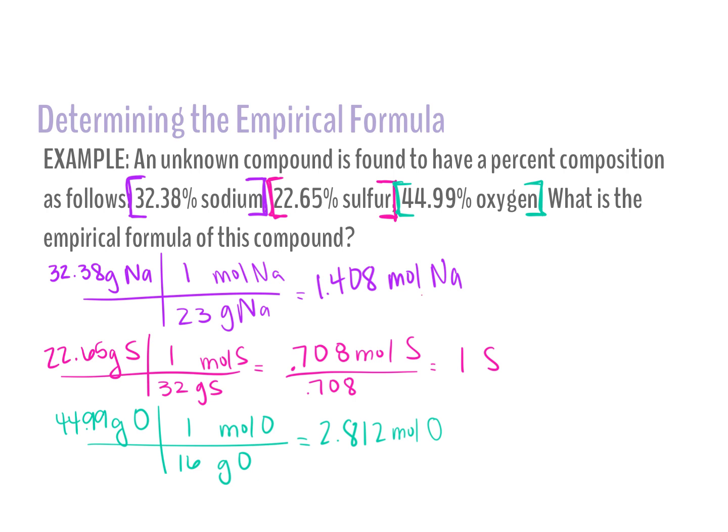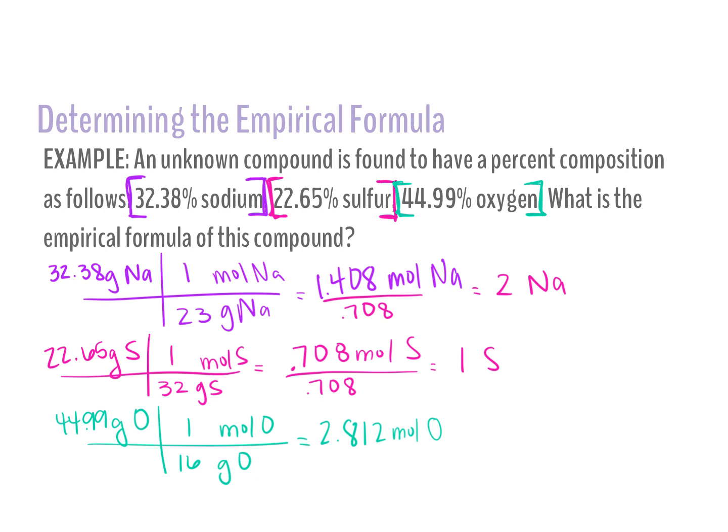I'm going to do the same thing up here, divided by 0.708. That gives me 1.988. That's really, really close to what? 2. It's really close to 2. We want to go ahead and take that to a 2.